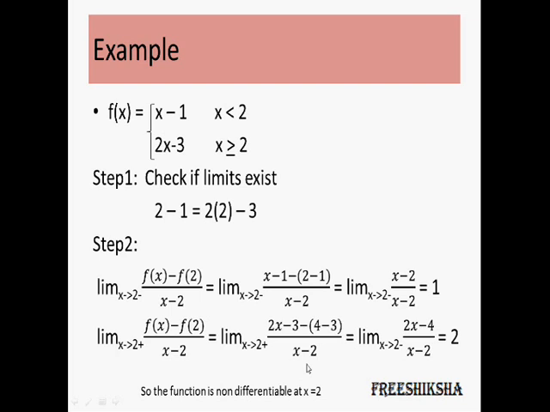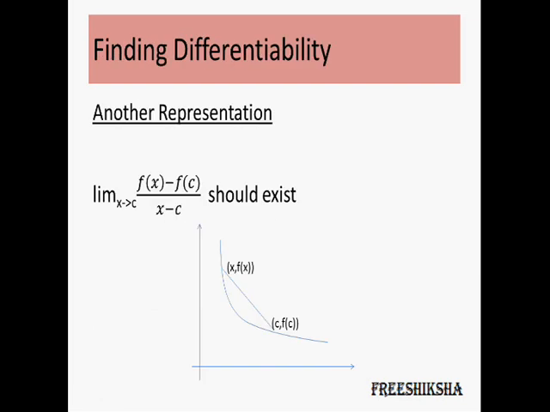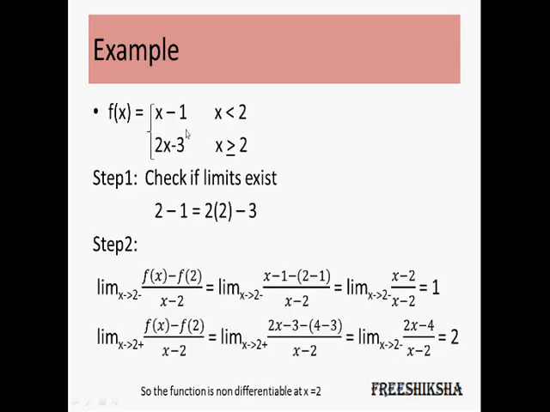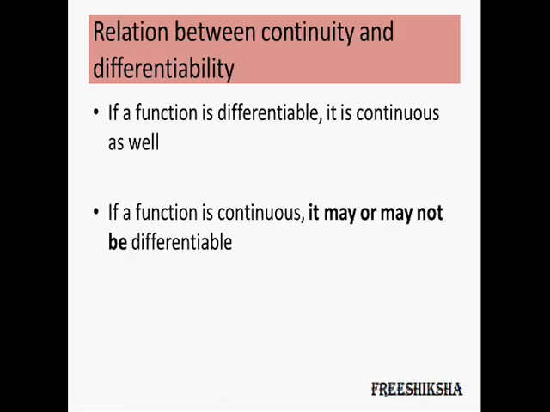The denominator will remain as it is, x minus 2, and this is going to give you 2. So since the left hand limit is not equal to the right hand limit, the limit does not exist for this particular expression. So what it says is that the function is non-differentiable at x is equal to 2. So that is how you check the differentiability at a point.